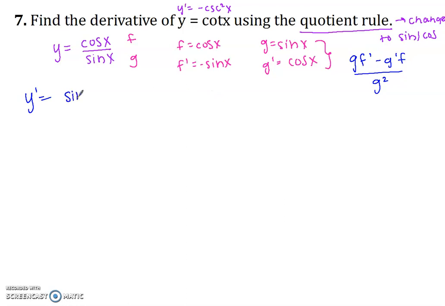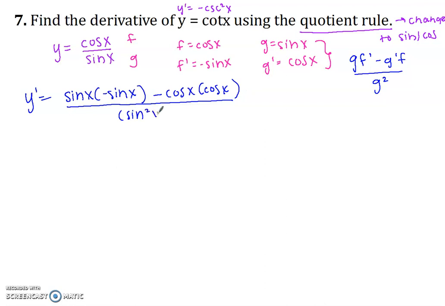So I'm going to have g, which is sine of x, times f prime, negative sine of x, minus g prime, which is cosine, times f, which is also cosine, all over g squared, so sine squared of x.